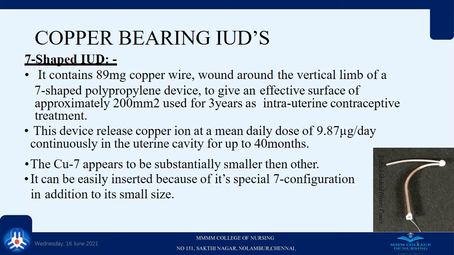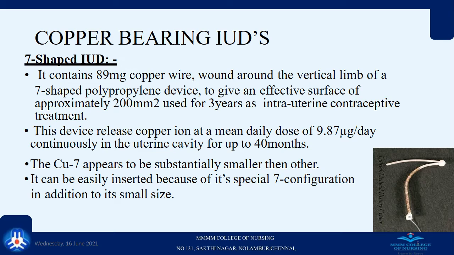This device releases copper ion at a mean daily dose of 9.87 microgram per day continuously in the intrauterine cavity for up to 40 months, that is around 3 years. The copper 7 appears to be substantially smaller than the other. It can be easily inserted because of its special 7 configuration in addition to its small size.